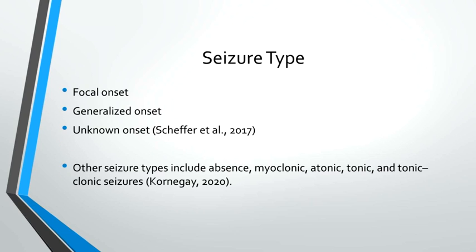Now, during this review, we're going to talk about numerous different ways of classification and seizure types. It's important to understand, generally speaking, there are multiple different ways to categorize, classify and describe seizure types. So the first part we're going to talk about is generally where they come from. There's a focal onset, generalized onset, or we just don't know.